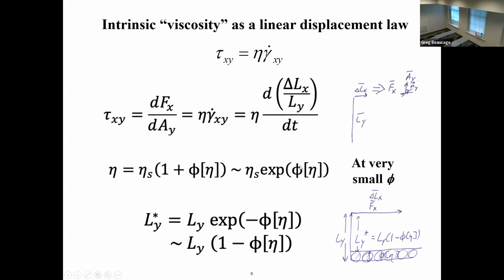So the first two terms, because it's small, you can just say that's the exponential. Then if you plug this viscosity in here, you find that you have the exponential divided by Ly. So the new Ly is Ly divided by this exponential, Ly times exponential minus. And then if you expand that out, because this is small, you get 1 minus that, which is that thing, which means it's just a displacement law, right?